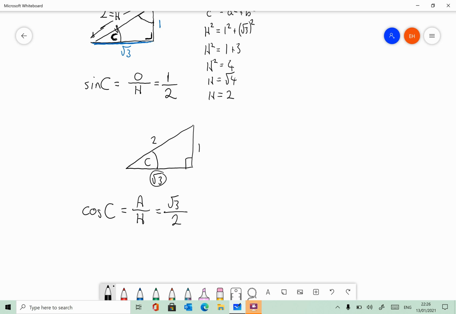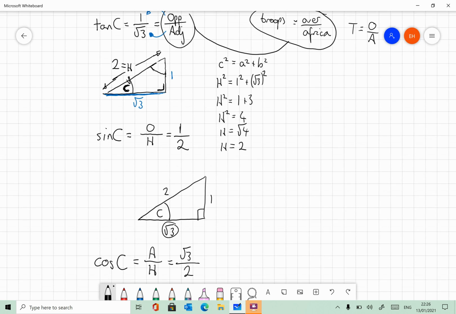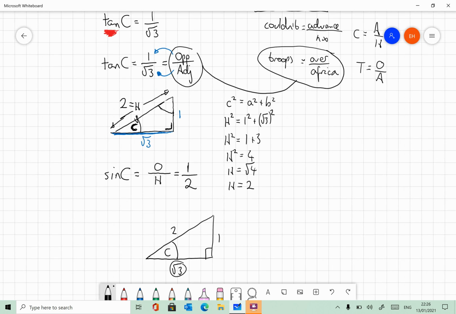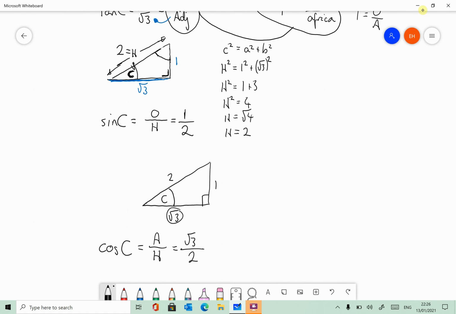That okay? So that was question 8 for the homework. Hopefully that made sense to you guys. So in that case, because we weren't given an angle, we were asked to give the ratio.